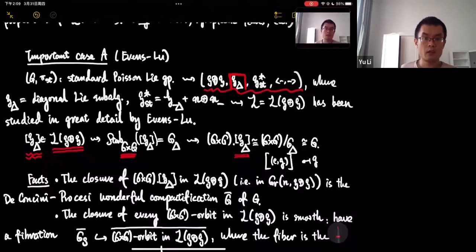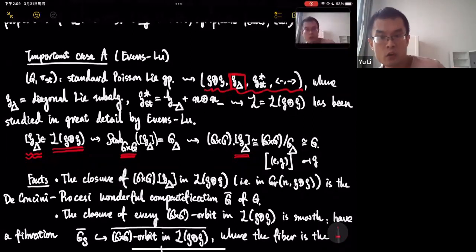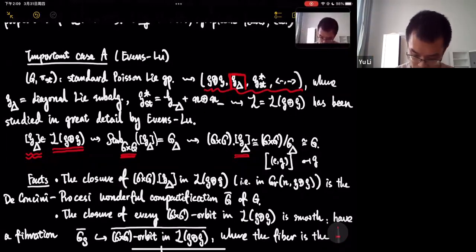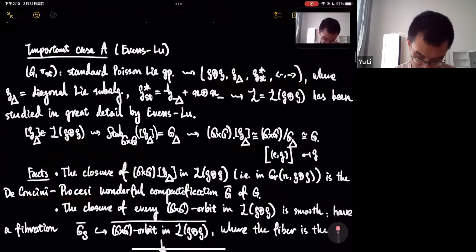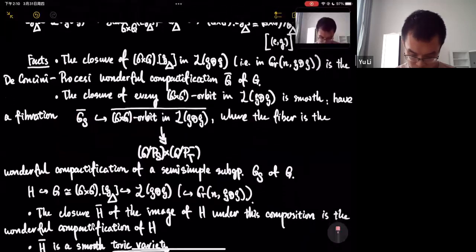Then if you take the closure of this orbit inside the variety of Lagrangian subalgebras, or equivalently inside the Grassmannian, what you get is the De Concini and Procesi compactification of the group G. One of the reasons that the wonderful compactification G bar is important is the following result due to Evens and Lu.